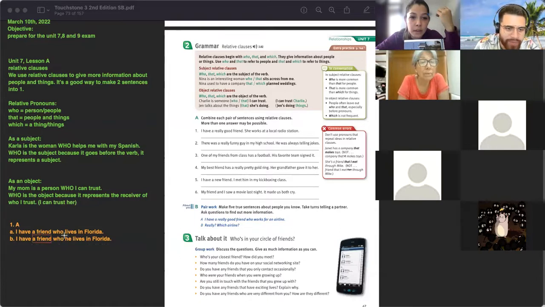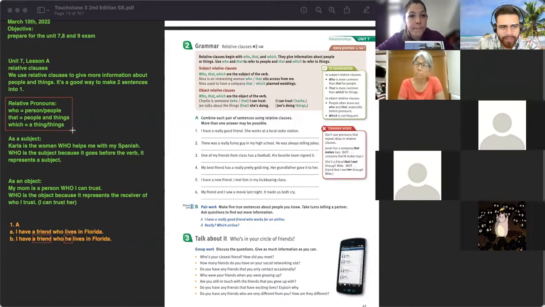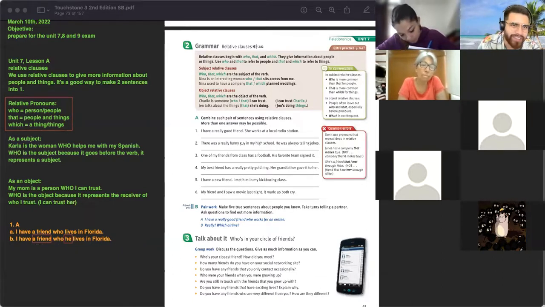Wonderful. That's exactly why. We use these relative pronouns to replace the subject or to replace the object so we don't repeat it and repeat it. All right. No questions yet.